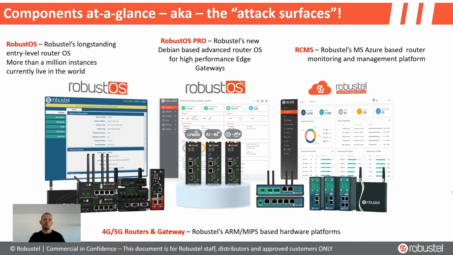So Robustel's long-standing operating system, RobustOS, is a Linux-based OS, which is in essence almost a distribution, given that it's the kernel plus some custom code. You then have RobustOS Pro, which is all Debian based. It's a really smart leveraging of the existing operating system plus Debian.